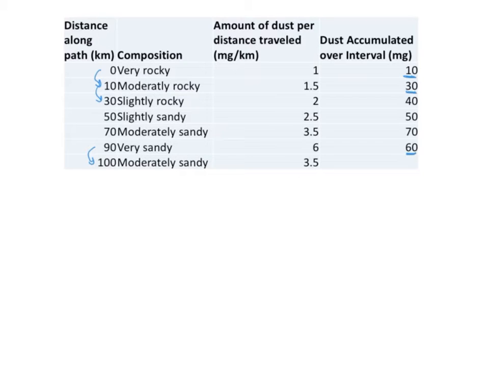So now that we've considered each interval separately, we can combine them by adding up the amounts of dust accumulated over each interval. So if we add up all the dust accumulated, we are going to get 260 milligrams of dust. We previously said that 275 milligrams of dust would reduce power to the rover, so it looks like our rover is going to be just fine.